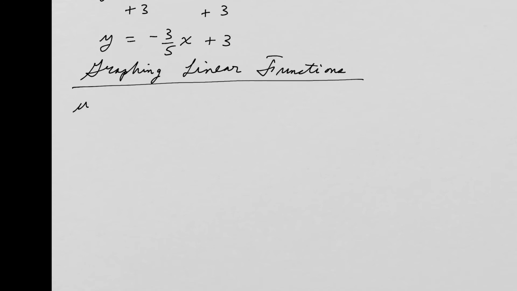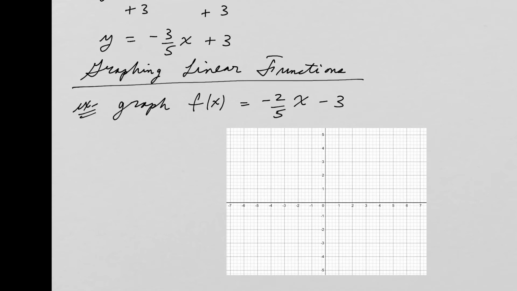So let's say I want to graph this linear function. f of x is equal to negative 2/5 x minus 3. Okay, so let's make a table. I have my x values, y values. Let's pick some reasonable values to plug in. Well, 0 is always easy to plug in for x.